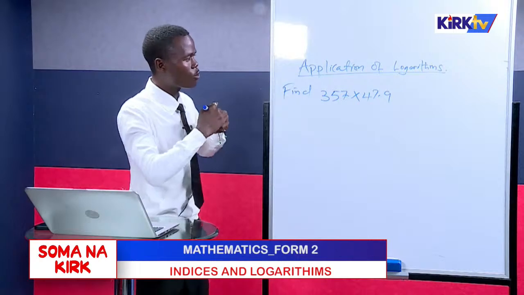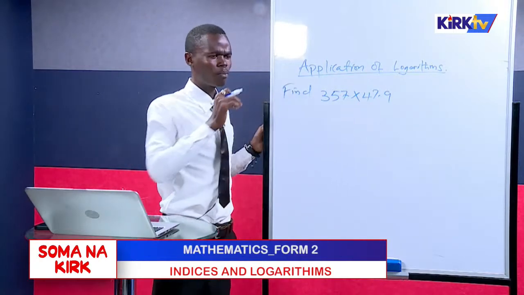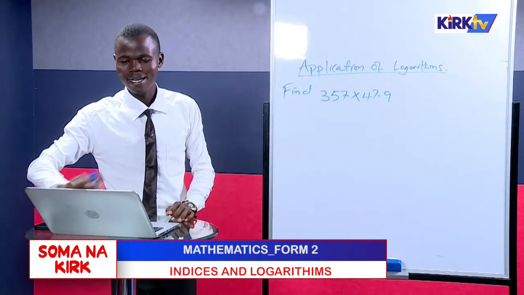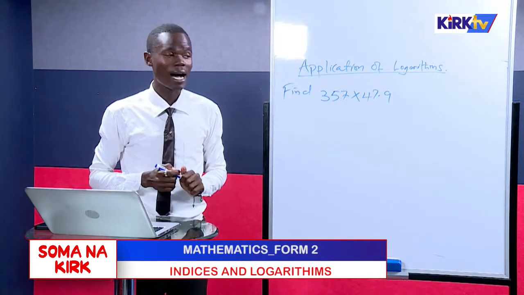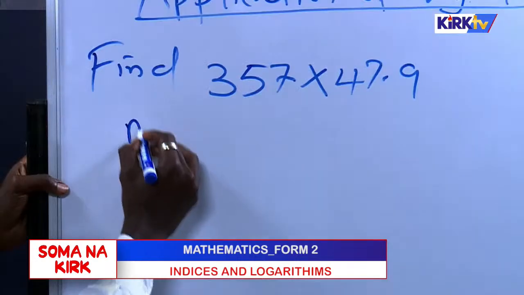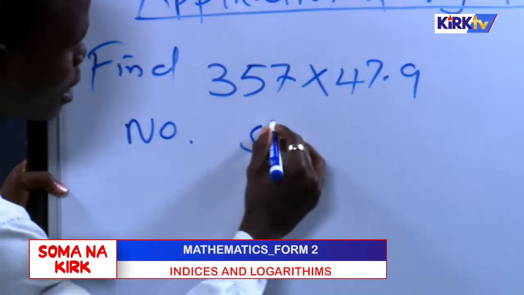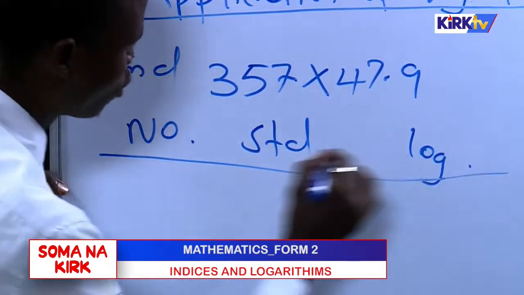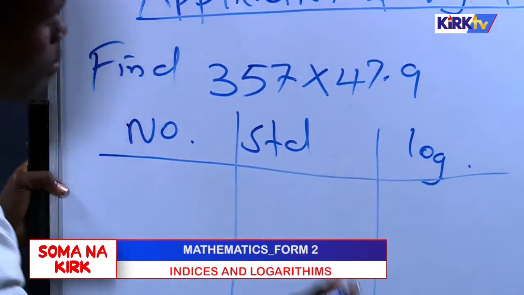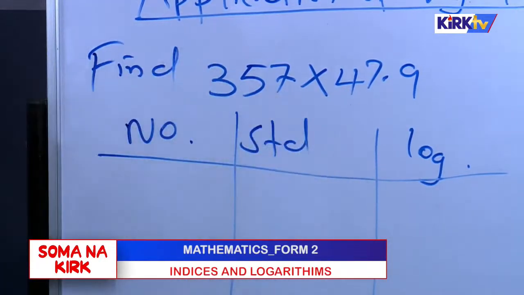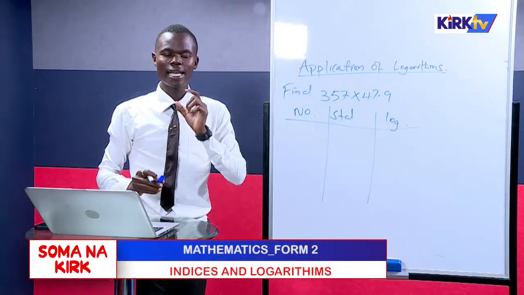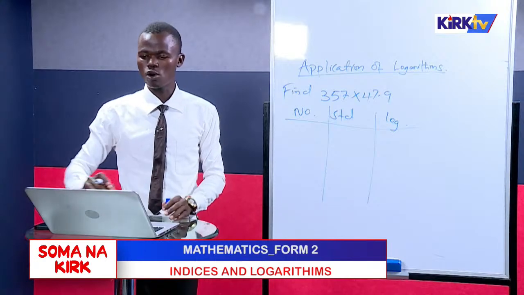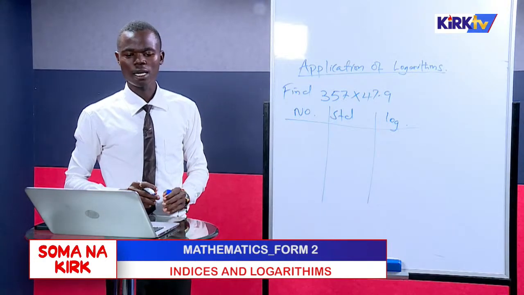The moment you see this kind of question and you've been told to use the logarithm table, we first write number, standard form, and finally logarithm. I know someone is asking why I am introducing the standard form. Remember, the log table that we are using is in standard form, and for us to match the answers in the log table, we also have to write in standard form.